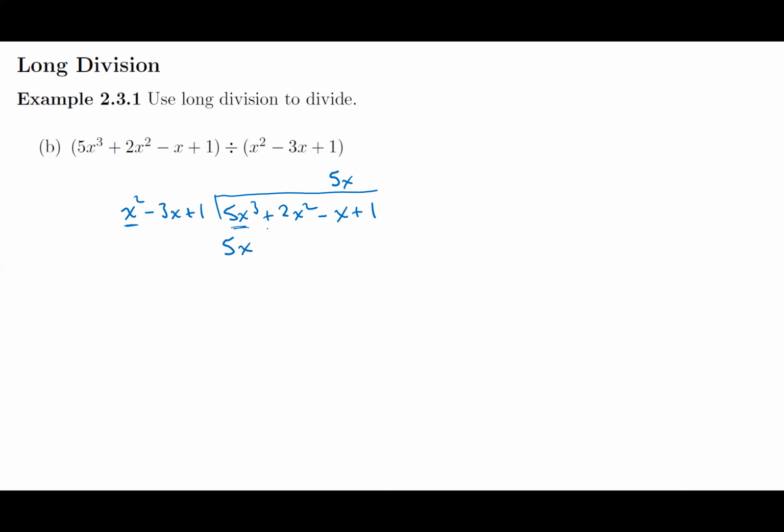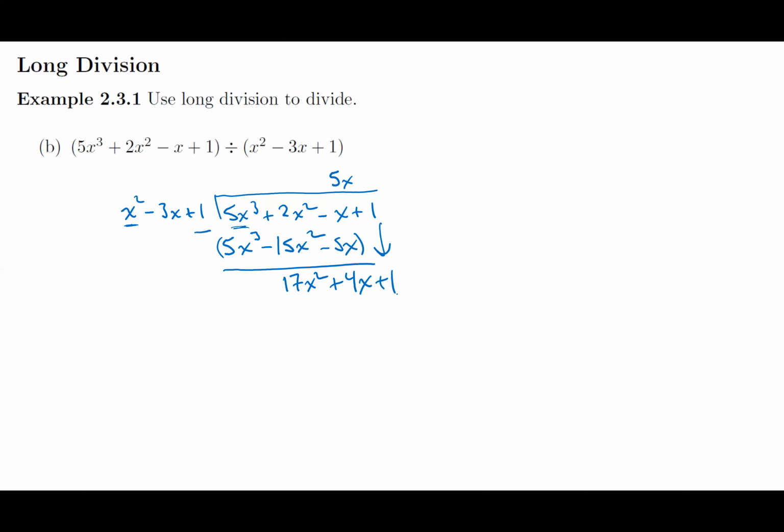So I have 5x times x squared is 5x cubed minus 15x squared minus 5x. 2 minus negative 15, 17, x squared, negative x minus negative 5x will be plus 4x, and then we bring down, okay?